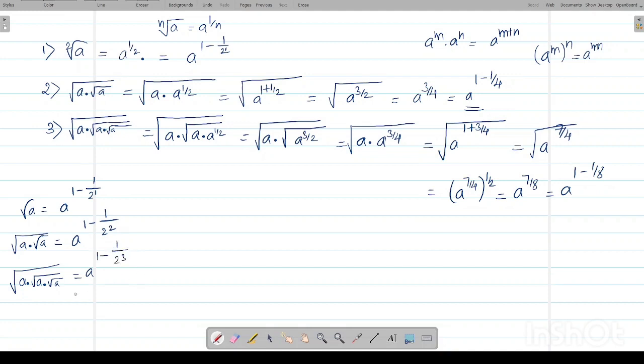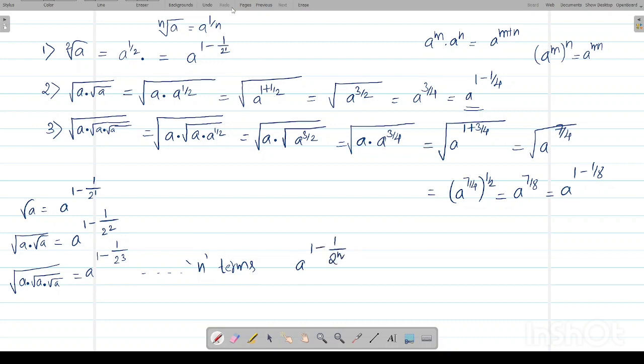Now when you generalize like this, if I have one term, I can write root a as a power 1 minus 1 by 2 power 1. If I have two terms, I can write a power 1 minus 1 by 2 square. If I have three terms, I can write 1 minus 1 by 2 cube. If I have n terms, I can write it as a power 1 minus 1 by 2 power n.